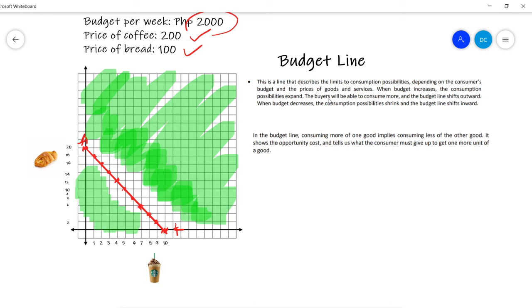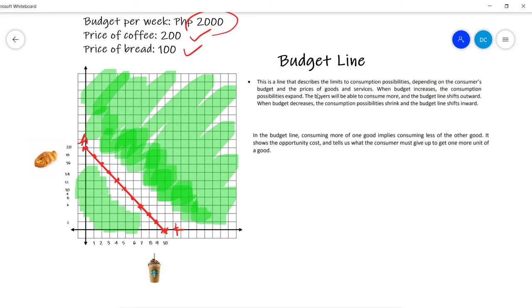Kaya natin yon mabili, may matitira pa tayo from our budget. Pero if you want to maximize the budget that we have, then lahat ng combination na nakalatag dito sa budget line, yun yung pwede nating mga pagpilian. Okay? So that is the concept of budget line.